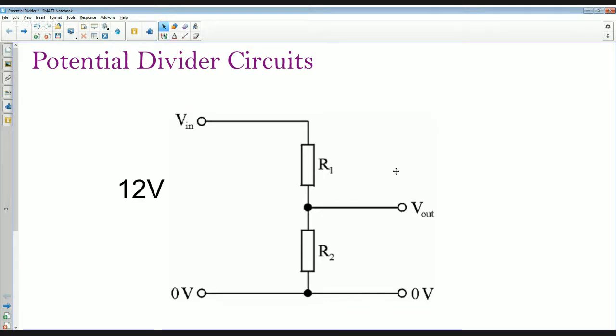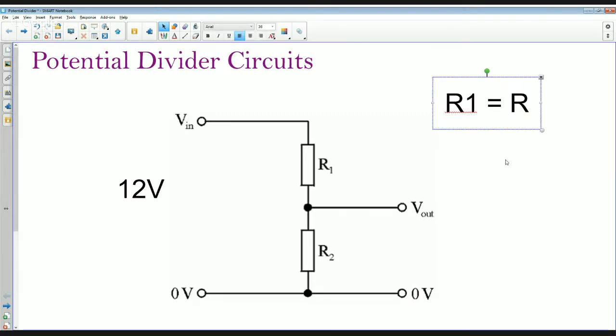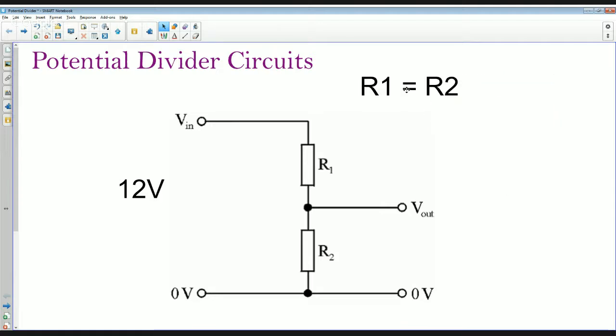Now, let's say resistor 1 and resistor 2 are equal to each other, right? The resistance value of R1 equals R2, then basically they divide the potential difference across both resistors equally. So if I were to put a voltmeter across R1, I would be able to register 6 volts in theory.